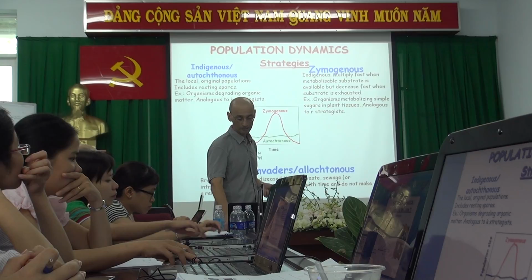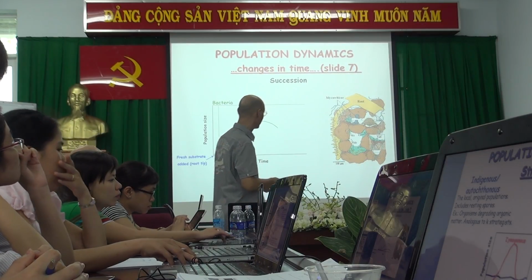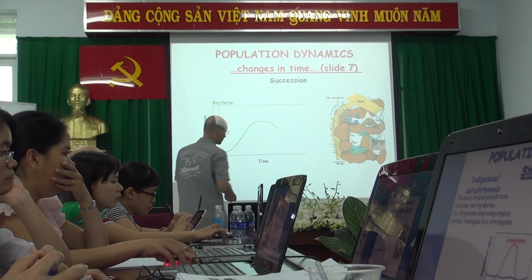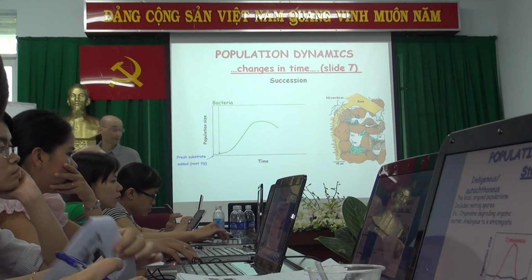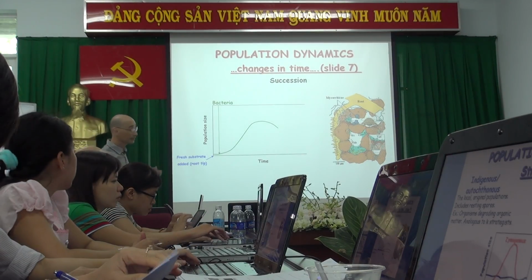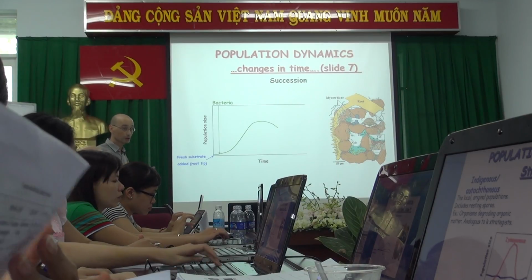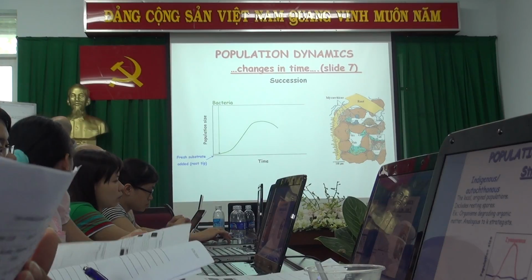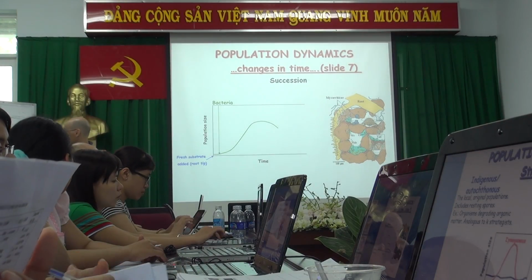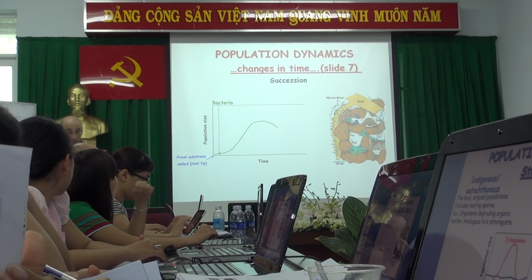Okay, now lastly, something we have to take in consideration when we're looking at these dynamics in time is that things change. So the population, for instance, of the zymogenous bacteria is decreasing because the substrates are going down.